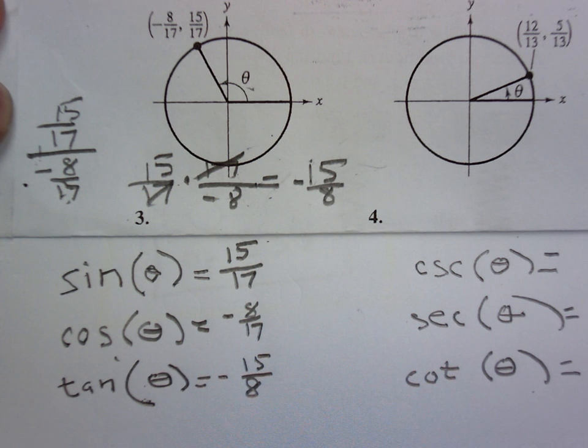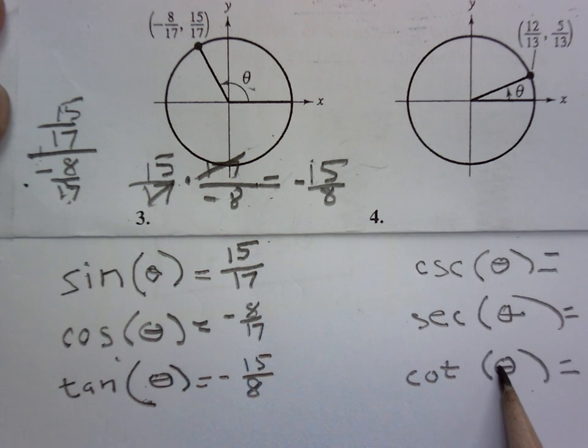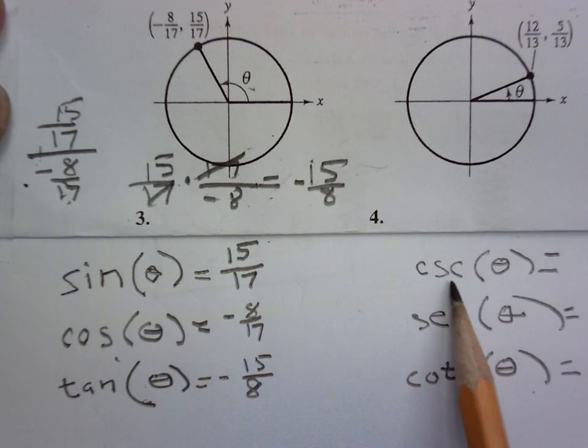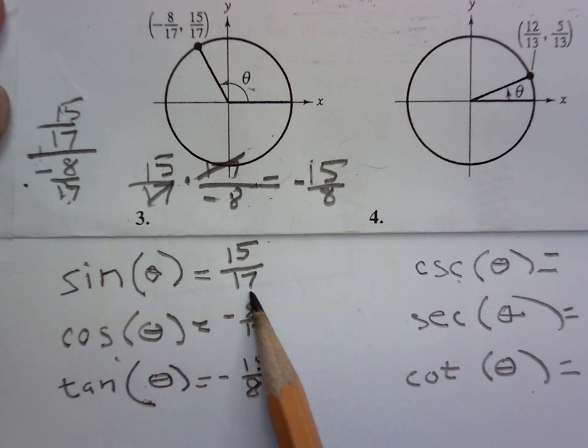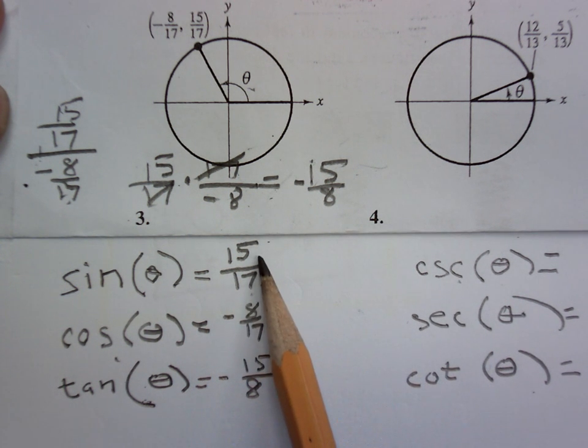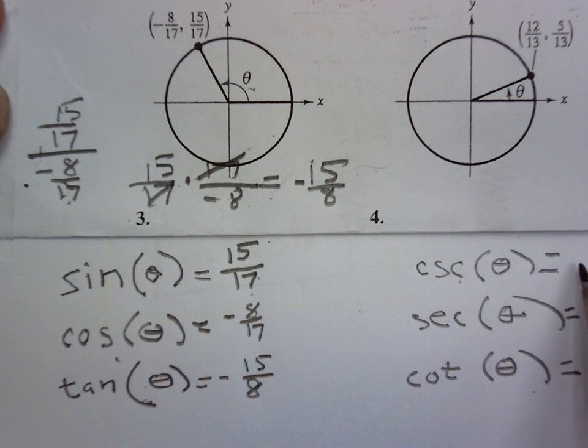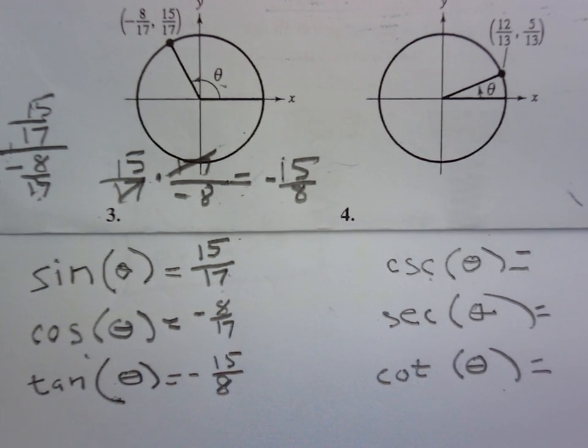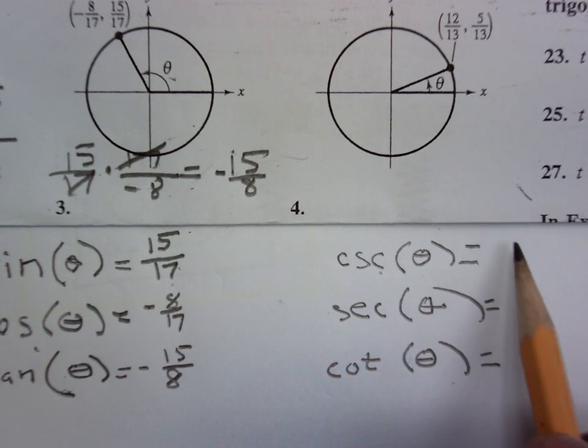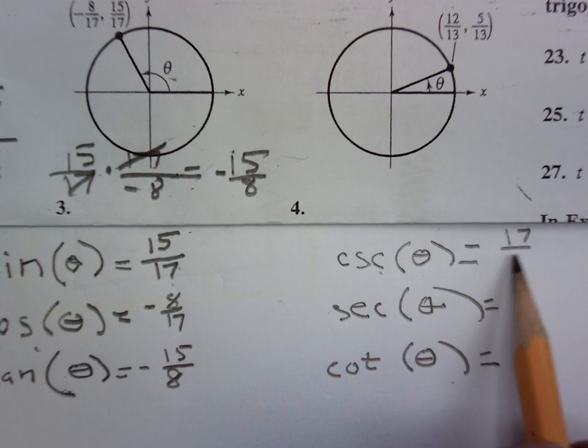That make sense? We took the y value for the sine, the x value for the cosine, y divided by x for the tangent, we have to divide by a fraction, and simplify it. And now to find these last 3, they're just the reciprocals. Remember, the cosecant is the reciprocal of the sine. What's the reciprocal of 15 over 17? 17 over 15.